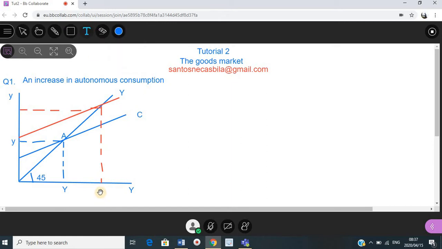autonomous consumption. Here I can just write Y1. Here I will also write Y1. And I will show here that we have an increase due to this increase. Very good. This is due to this increase.